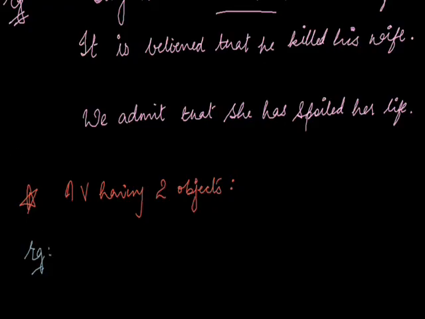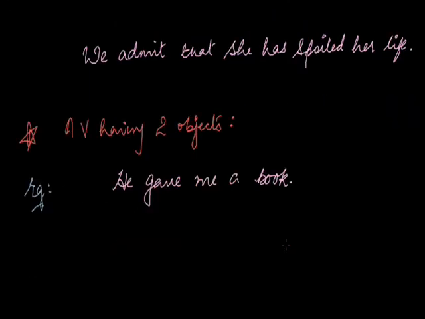Let's take an example and see how their passive voice can be made. For example, he gave me a book. Now, this kind of sentence has two objects. One is me and the other one is book. Passive voice can be made by using either of the two objects.